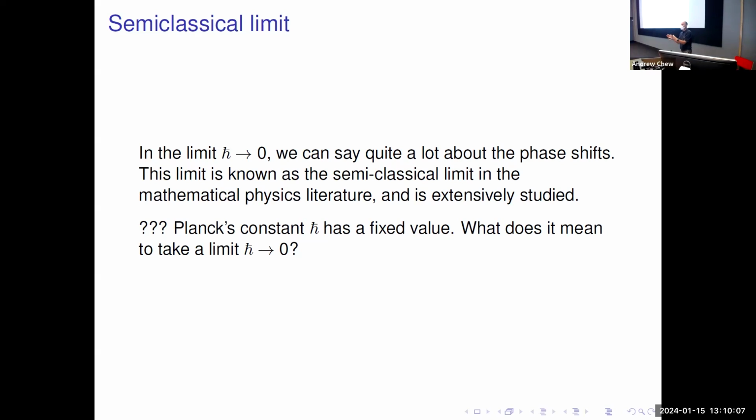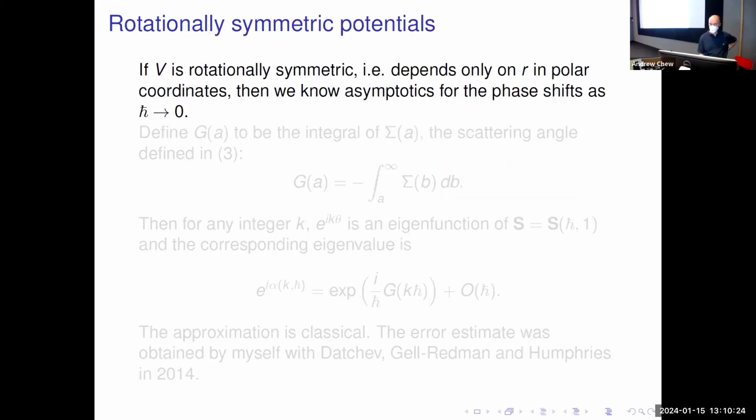For example, if you look at an atom, Planck's constant is quite large. But if you look at a macroscopic object and the kind of length scales that you deal with, then Planck's constant is very small relative to that. So it does make sense to take a limit as h bar goes to 0. What can we say?